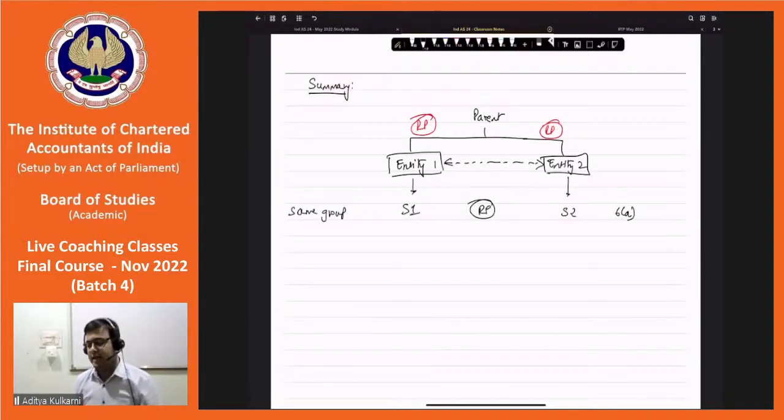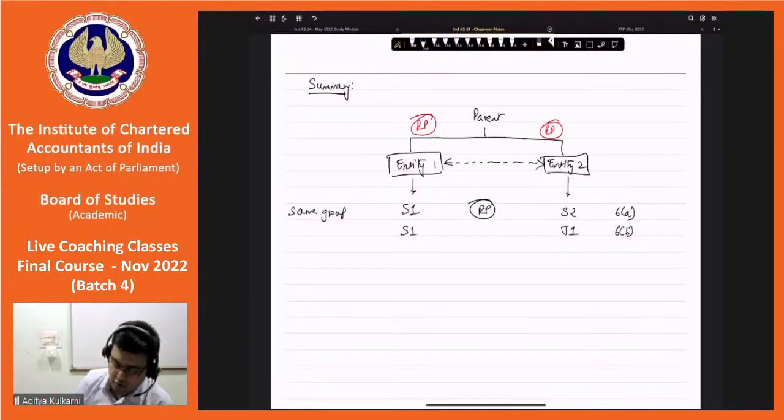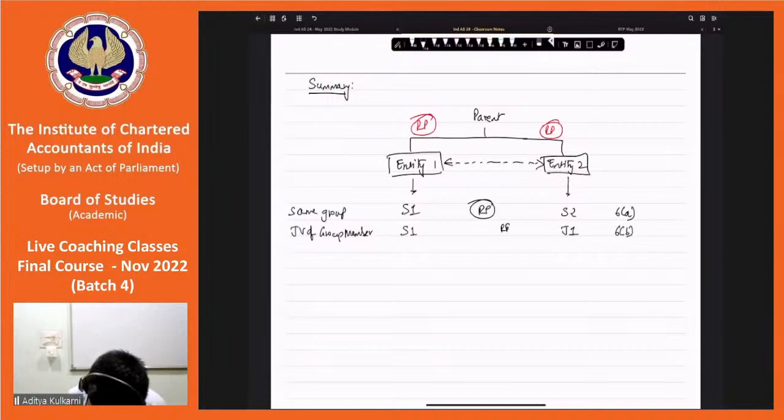Next, if this is a subsidiary, this is a joint venture, then by virtue of clause 6b, which is JV of group member, these are also related parties. We have done this. Next, this is a subsidiary. This is an associate.